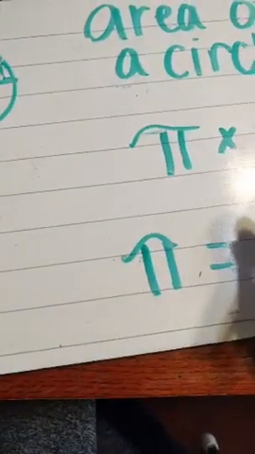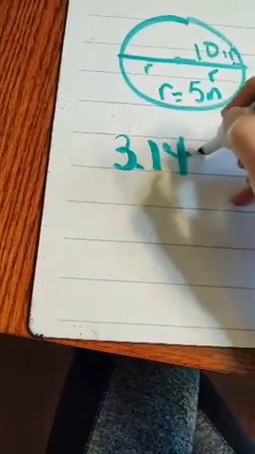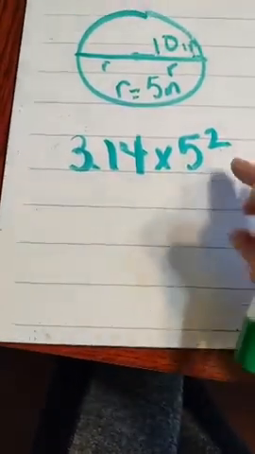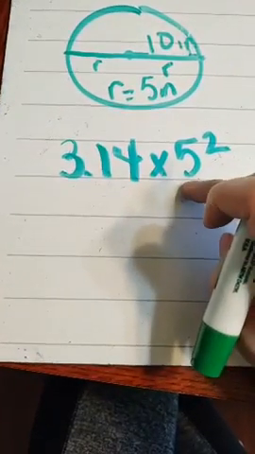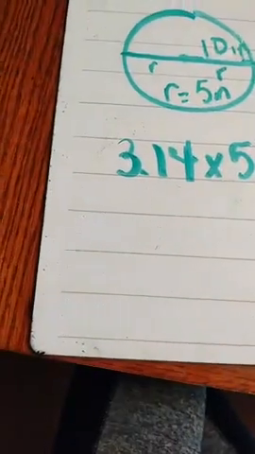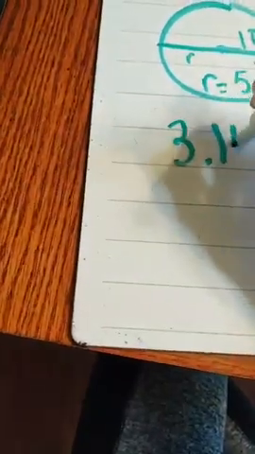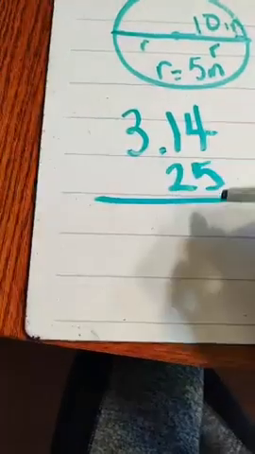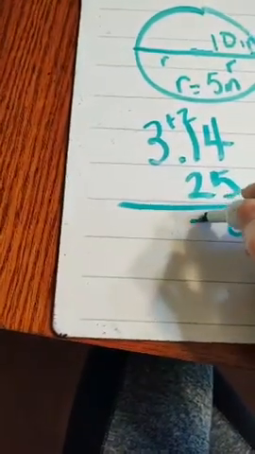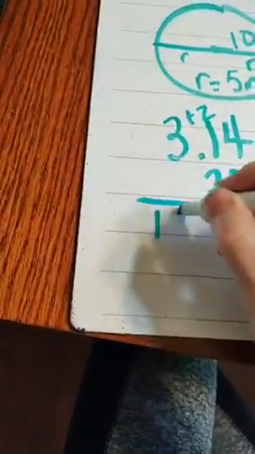Now we can plug that into our formula: 3.14 times 5 squared. This little squared means we take this number times itself 2 times. 5 times 5 is, you got it, 25. I'm going to write this up and down so I am ready to multiply. 5 times 4, 20. 5 times 1 plus 2, 7. 5 times 3, 15.